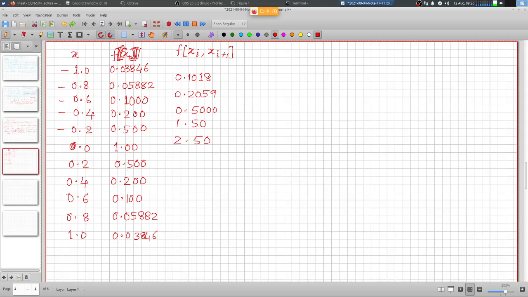And again we go to 0.5 divided by minus 1, so that would be minus 0.5, minus 0.5 divided by 0.2, so that would be negative 2.5. It will be a similar thing except with negative sign.